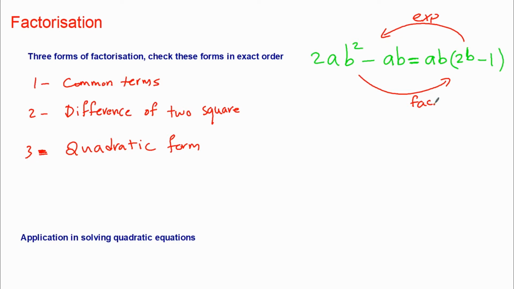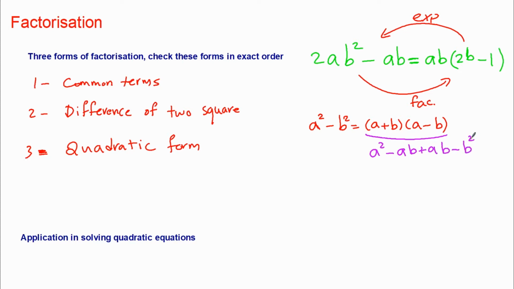When we look at difference of two squares, there is a formula for it: a squared minus b squared equals a plus b times a minus b. Again, this is not just a formula that we consider as a formula. This is basically expansion of this. If you multiply a plus b times a minus b and simplify it, it would be a squared minus ab plus ab minus b squared.